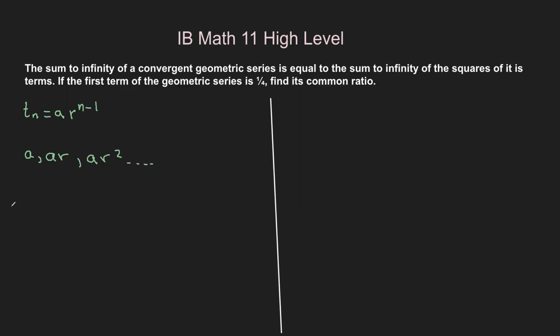And that continues. Now also, they said the sum to infinity of the squares of its terms. So the squares of its terms means you have to take each one and square them. The first one is A squared. The second is AR, squared as well, and the third term is squared as well.